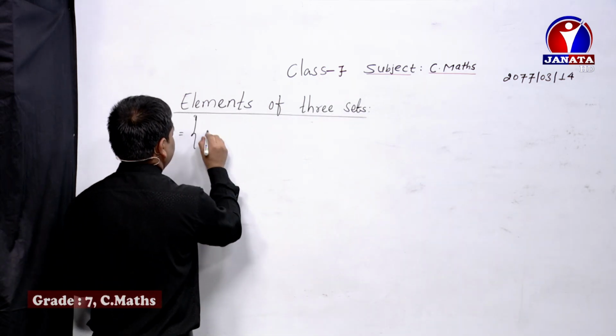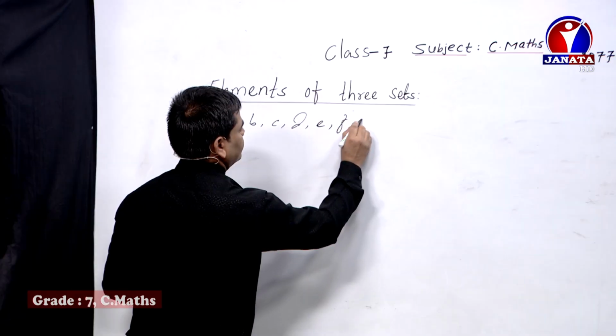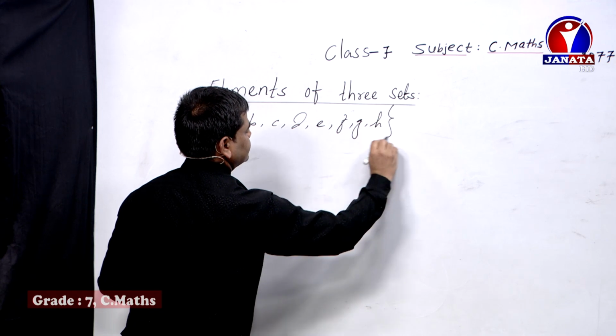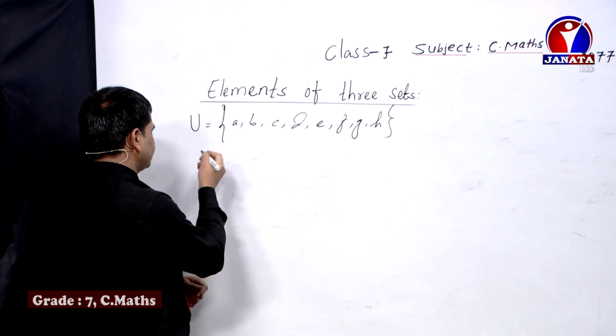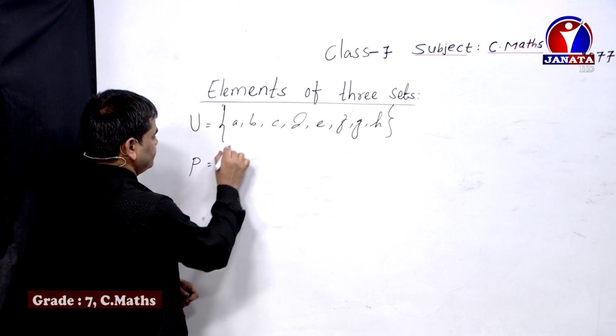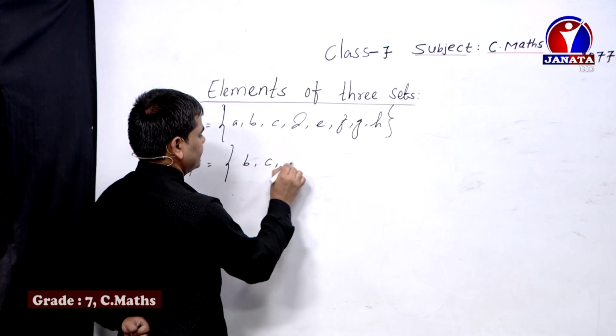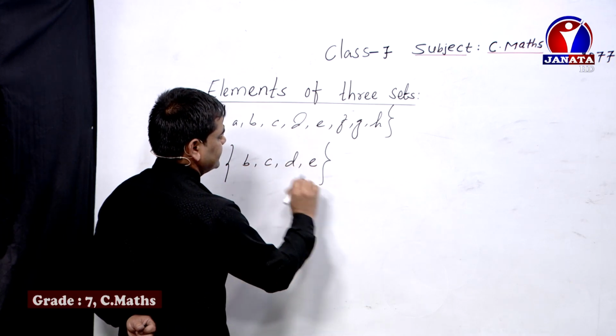Universal set has the elements A, B, C, D, E, F, G up to H. Okay, and let's take another set as a subset of the universal set, P, having elements B, C, D and E, just only that much.